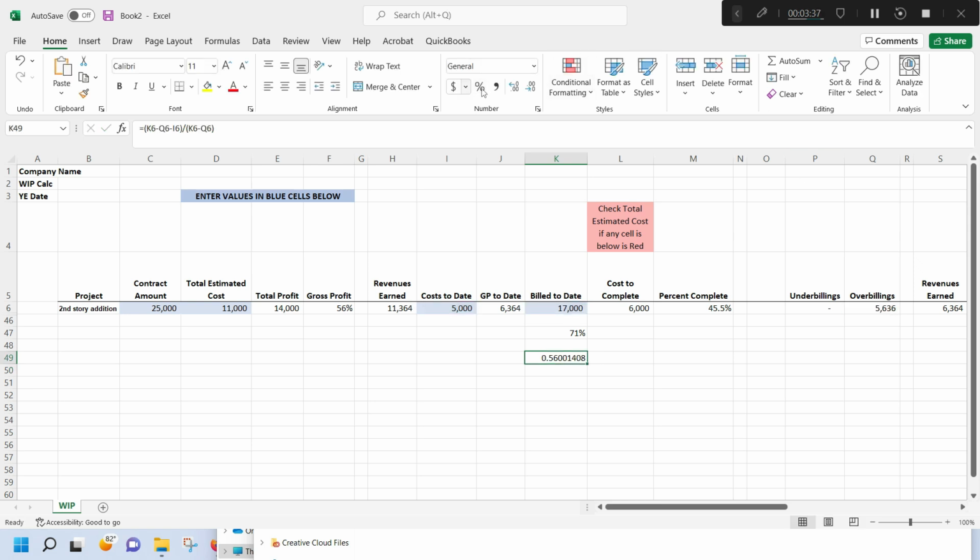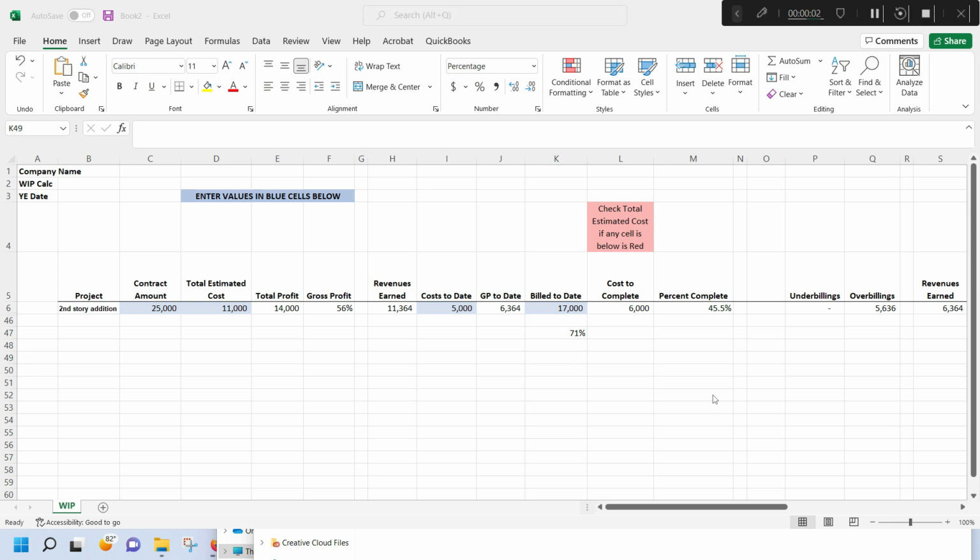Look at that. 56%. So when you carve out 5,636 from this bill to date of what you were originally recording as revenue, and you calculate gross profit, it balances out to 56. So you can see it's evening things out. That's the whole point of all this.